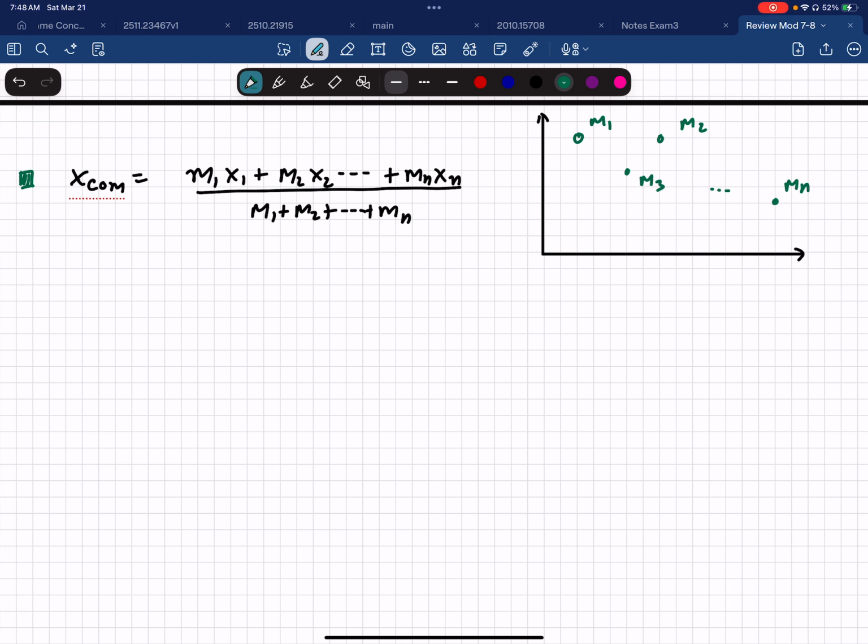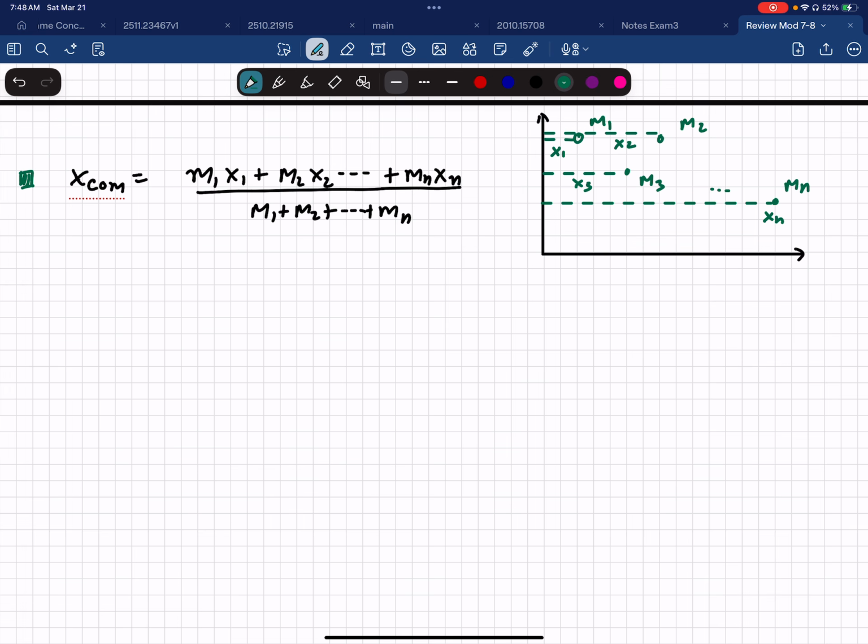So each one of them is placed at a different position. Okay, so this is x1, x2, x3, xn.